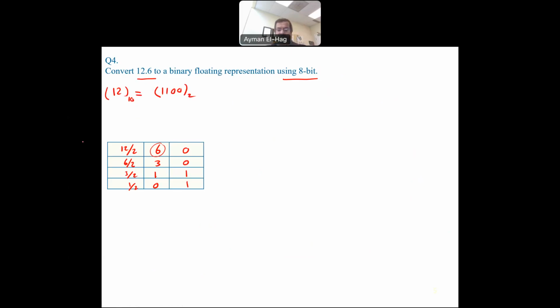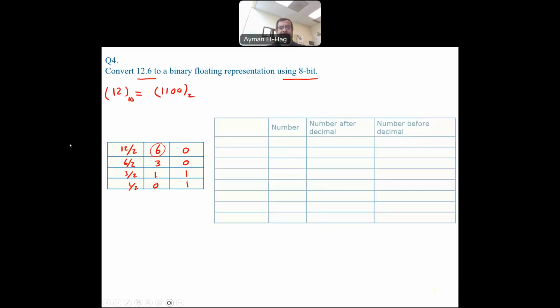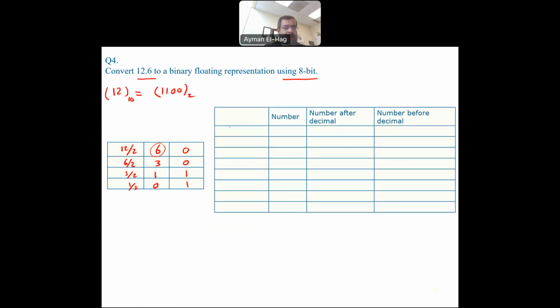Then we need to calculate the 0.6. Again, the same thing as we did in the previous example. 0.6 times 2 gives 1.2. The number after the decimal is 0.2, before is 1. Then take 0.2 times 2, which is 0.4, with 0 before.